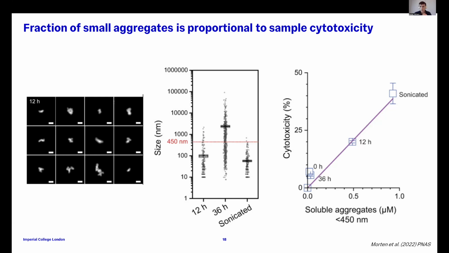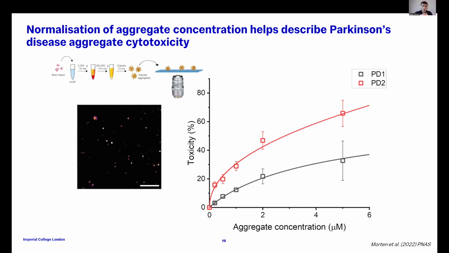So this was wonderful. We were very excited about this, and we wanted to test whether or not this had any particular relevance to real aggregates that we get from brain tissue from donors who've been diagnosed with particular neurodegenerative diseases.